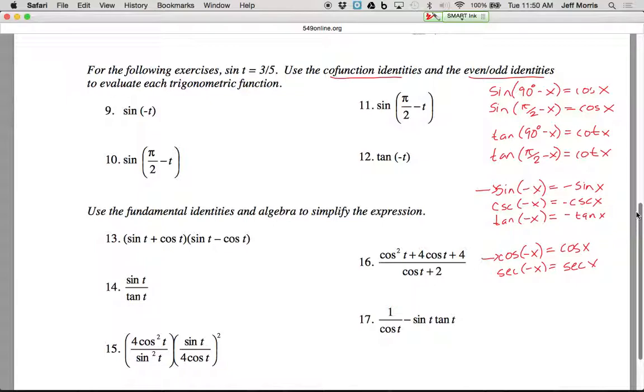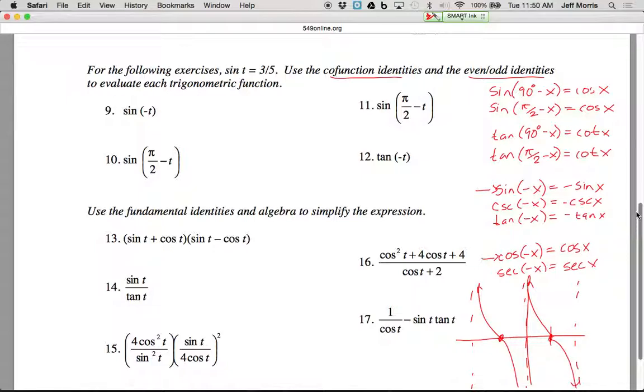I don't know about cotangent. Cotangent would be an even function, wouldn't it? Well, let's see. It goes asymptote, point, asymptote, point, asymptote.